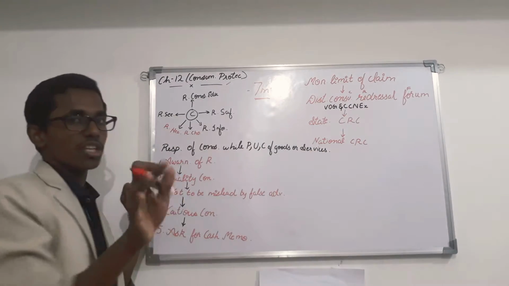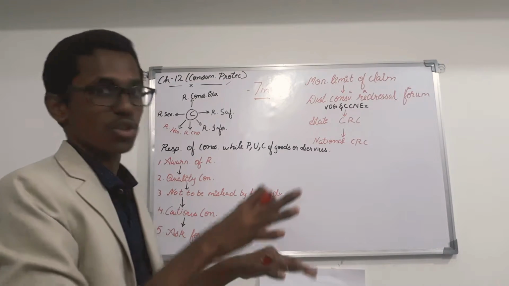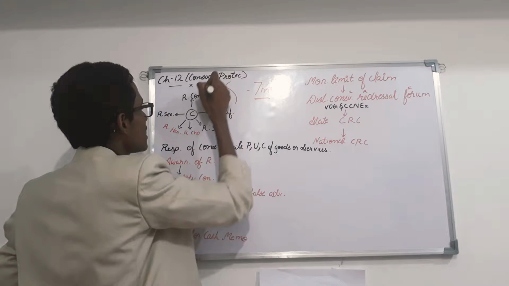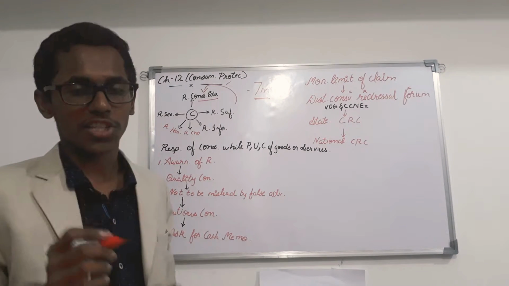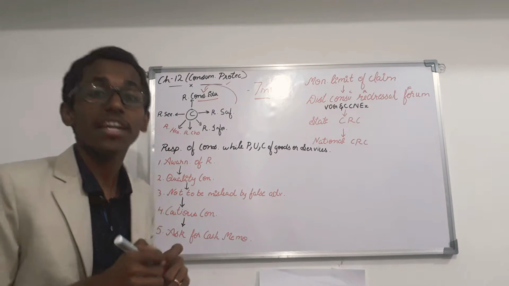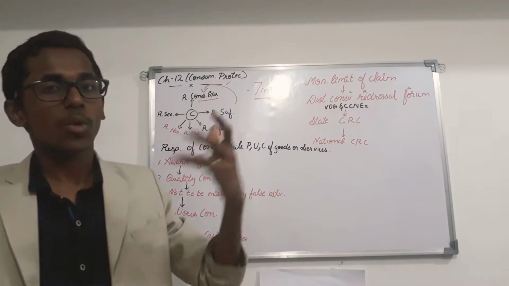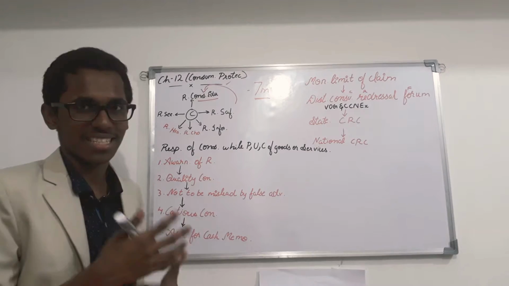There is no obstacle or restriction on you knowing these rights. You can get complete knowledge, and this is known as consumer education. There is a right to get entire information about the various rights plus information about the products and services.